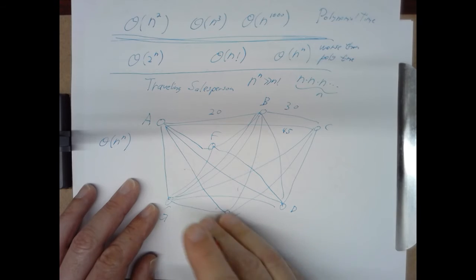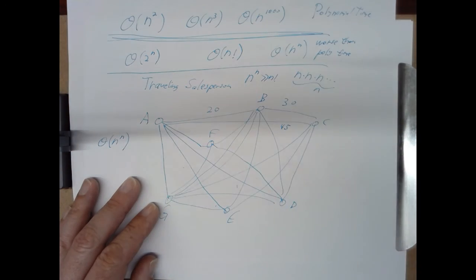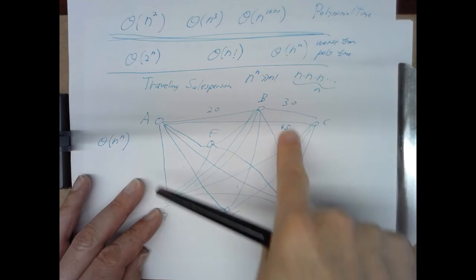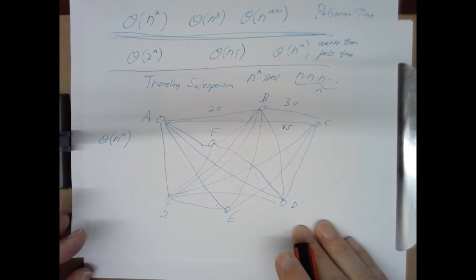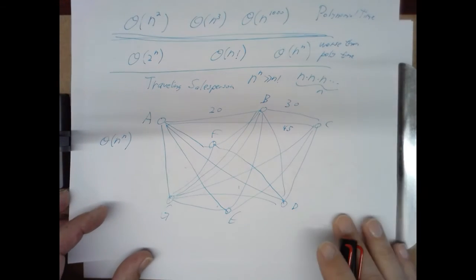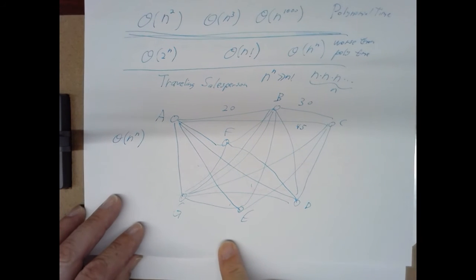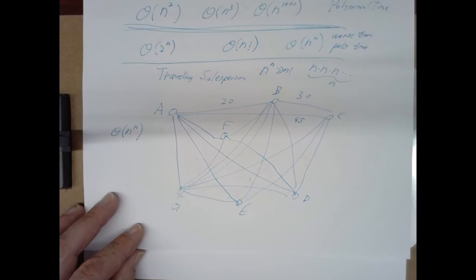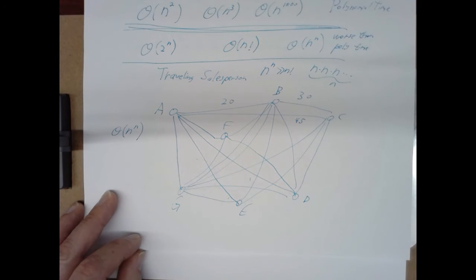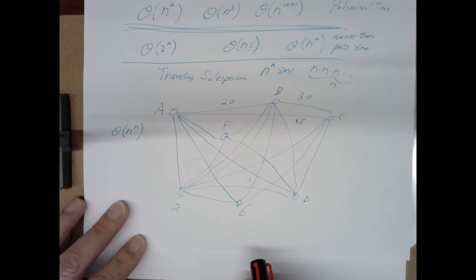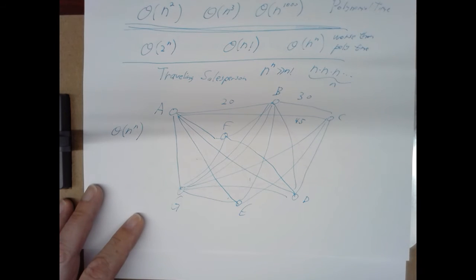That's going to take whatever it takes to answer the yes-no question, times however many times you ask the question, some fixed number like the sum of the path lengths. So if we could answer the yes-no question efficiently, we can solve TS. How do we answer a yes-no question? If you have this genie in your machine and you say, is there a path shorter than 519?